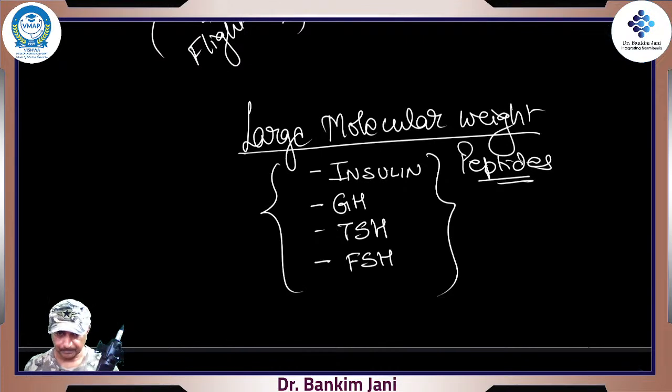So we understood large molecular weight. This means they won't be able to cross. There has to be a mechanism. That's what we really want: that insulin should not go in on its own everywhere and start controlling. No, we want to control these sumos very meticulously. That's why these mechanisms are there.